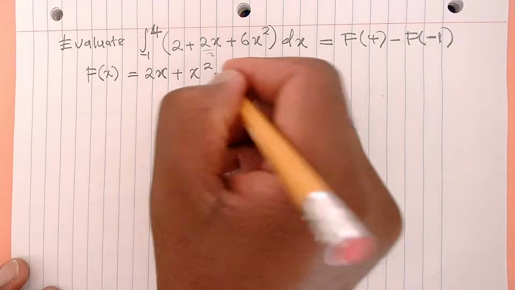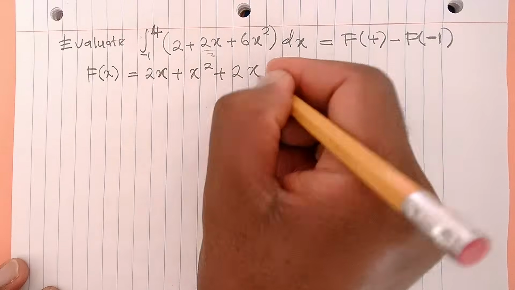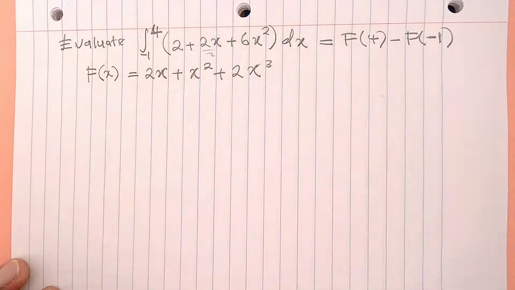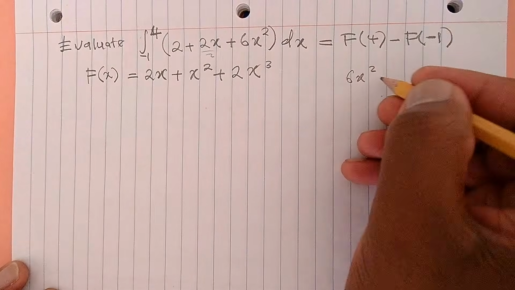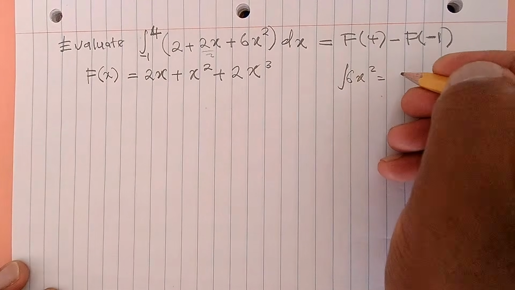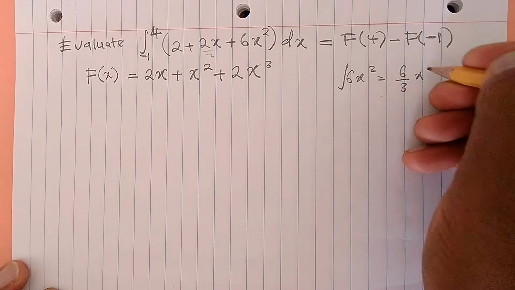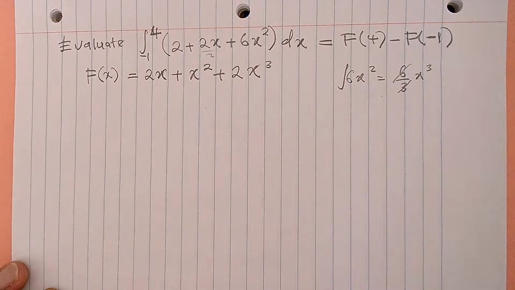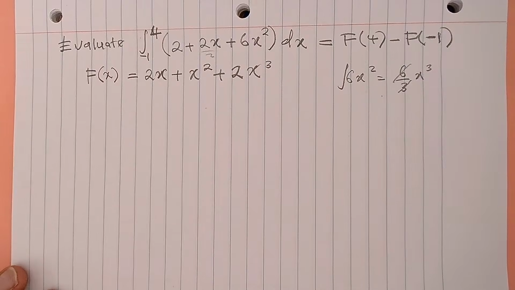Then plus 2x to the power 3. Why? Because this is 6x squared. The integral will be 6 divided by 3, then x to the power 3, that is 2 plus 1. So 3 into 6 is 2 times, so that is why we have 2 here.